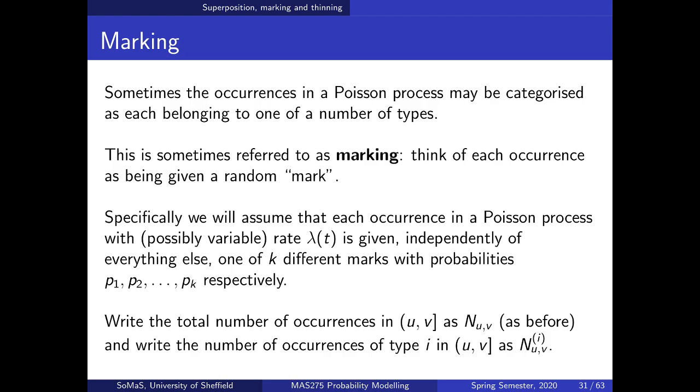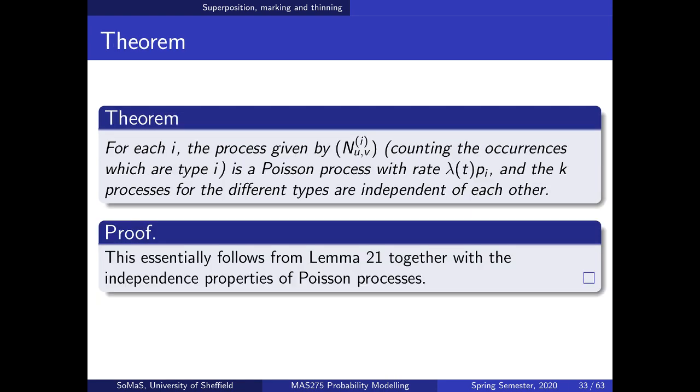And then we have this theorem about marking, which says that each of the marked processes, so the process where you only count events with a specific type, are also Poisson, and they're independent from each other. And the new rate is just the old rate times the probability of being of the mark you chose. So it's really the reverse of superposition.